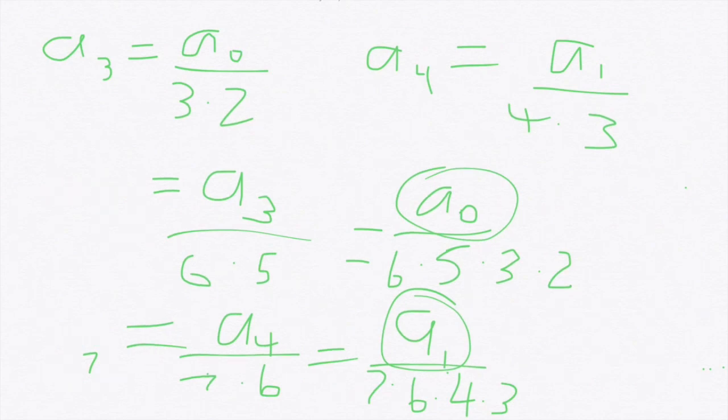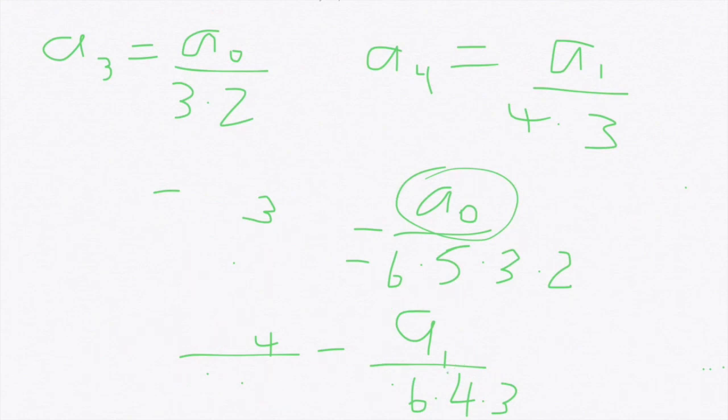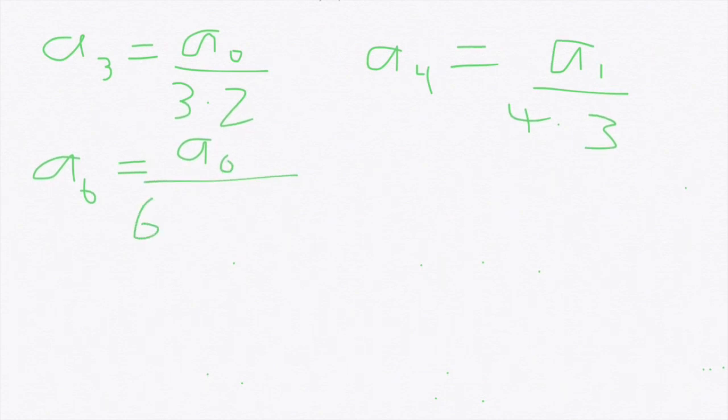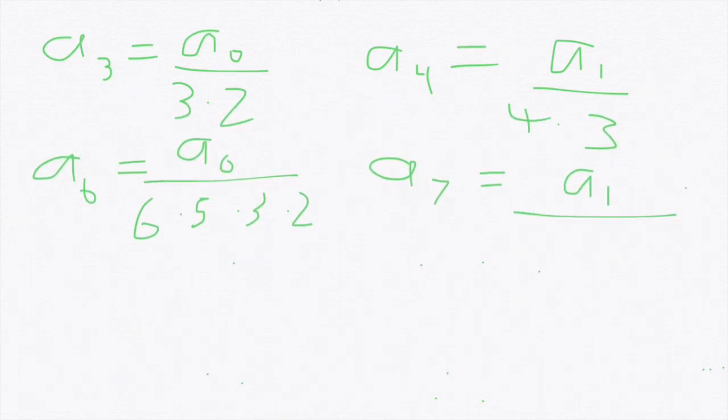So we're going to write these terms out really quickly. We're going to get a of 6 is equal to a of 0 over 6 times 5 times 3 times 2. And you get a of 7 is equal to a of 1 over 7 times 6 times 4 times 3.